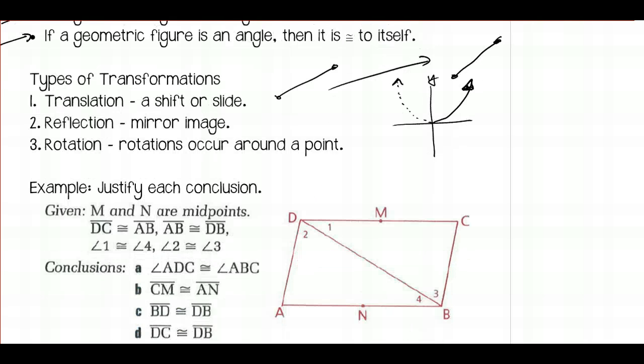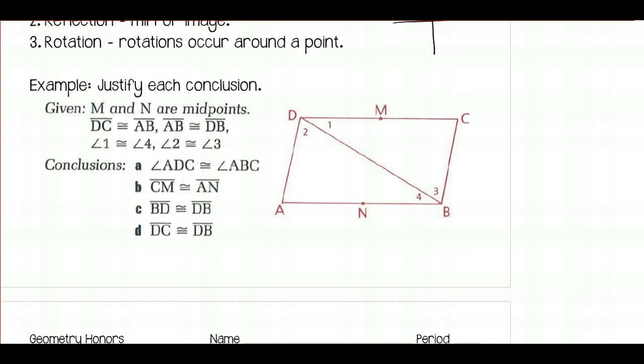So moving on to the example, we want to justify each conclusion based on all this information that we have. So I know that M and N are midpoints, so I know that these two segments are congruent here, and since DC is congruent to AB, and I know that M and N are midpoints, then these have to be halves. So actually all four of these segments are congruent.